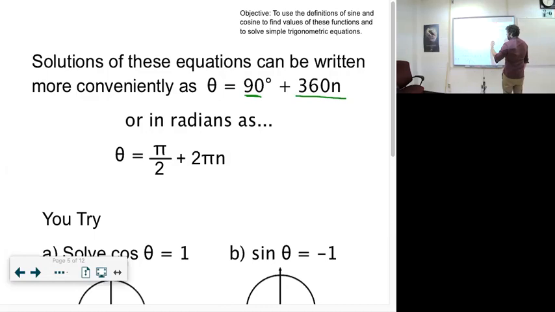If we were working in radians, 90 degrees is pi over 2, and every full rotation from pi over 2 is 2 pi n. That would express all possible solutions to that equation in radian measure. Again, that equation was sine of theta equals 1, and that was the last video that you just watched.